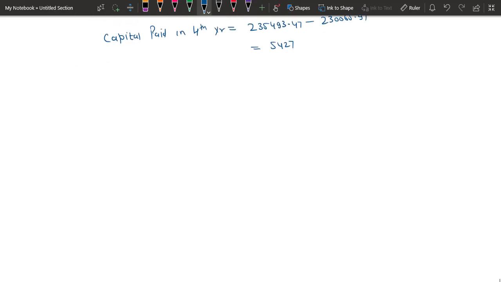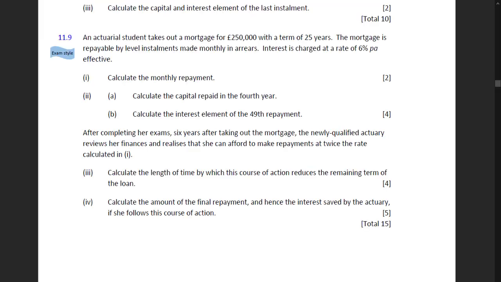Now in the next part, the third part, we again take a look at the question. It says that after 6 years the actuary wants to double the rate at which she is paying. So until now she is paying 1586.55 rupees at the end of every month.